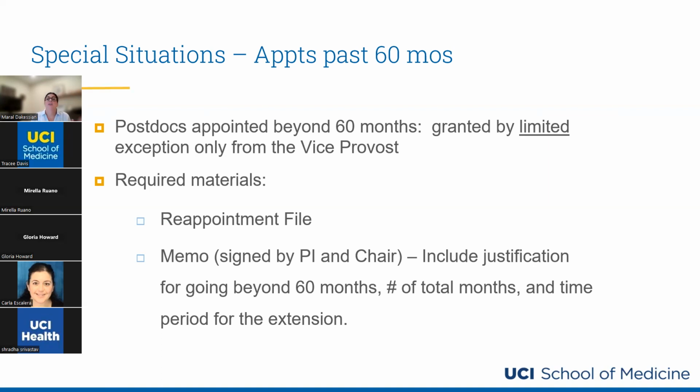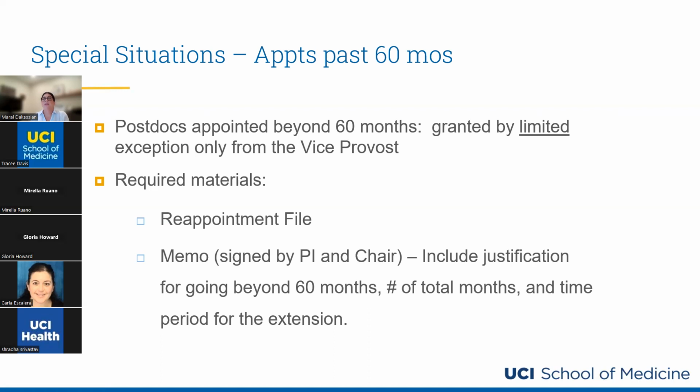So if the postdoc comes to us with 2 years of experience at another institution, then the maximum amount of time that we can give them a postdoc appointment here is 3 years, because 2 + 3 is 5. And it's not just 5 years total, it's 60 months exactly. And this is why, again, it's important to count the months of service accurately and to know exactly when they started and ended at any other institution.